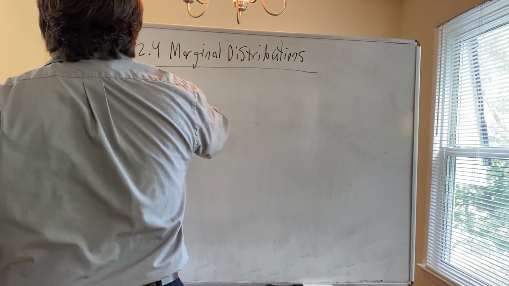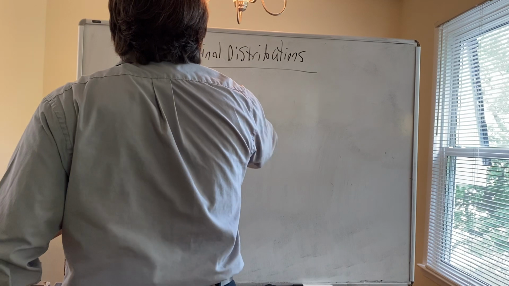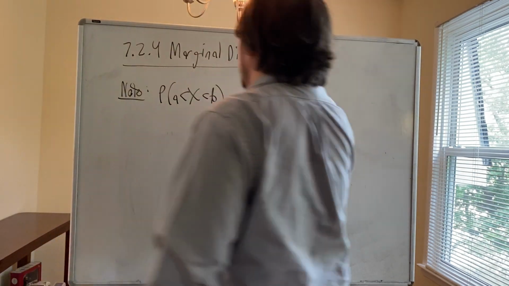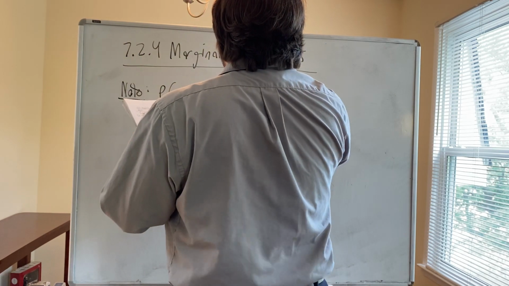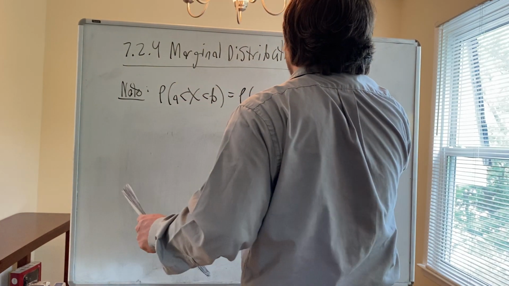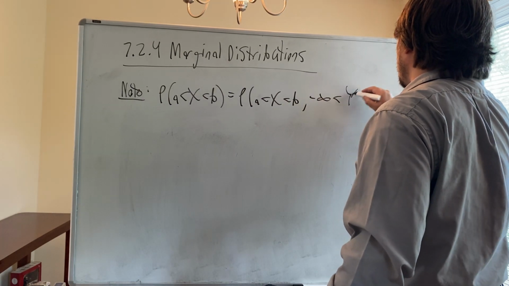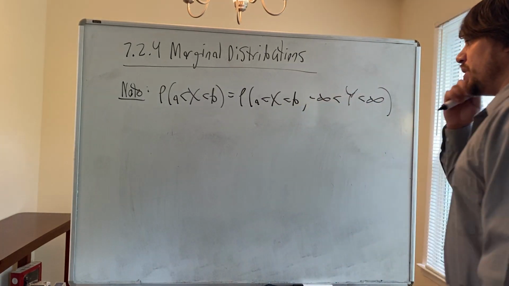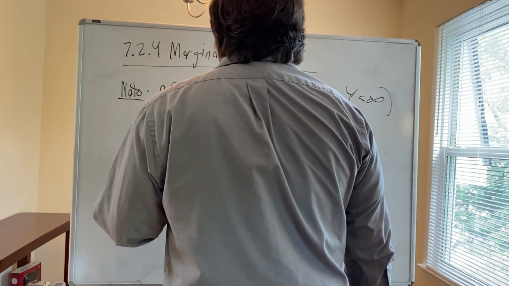Okay, so as a side note to that, if you want to know the probability that A is less than X less than B, right, that capital X takes a value between A and B, that's equal to the probability that X takes on a value between A and B and that capital Y takes on any value. We're including this because we're going to calculate this probability using the joint probability density function.